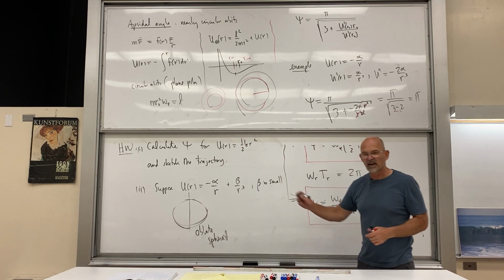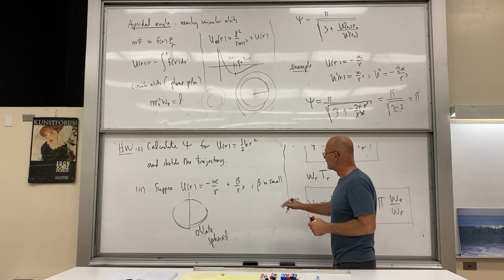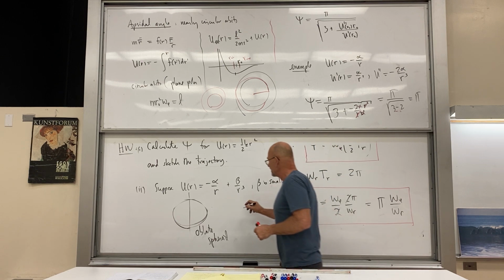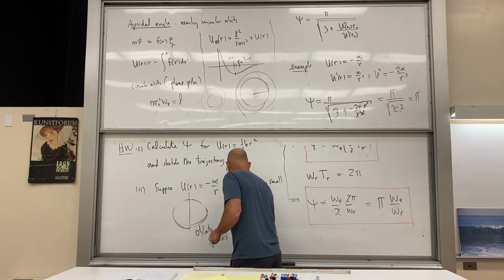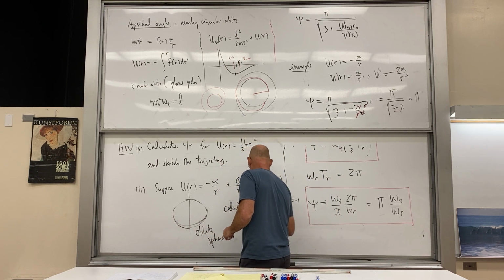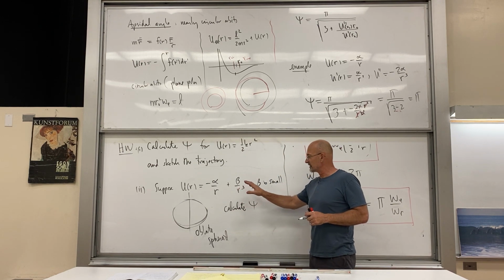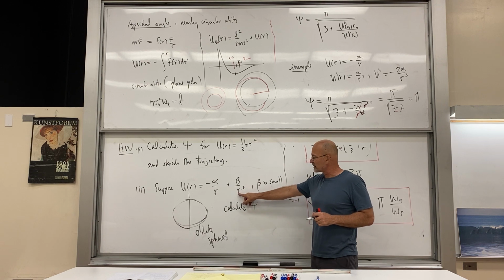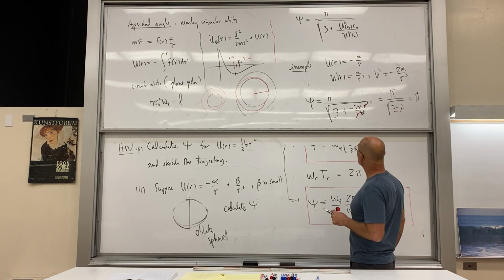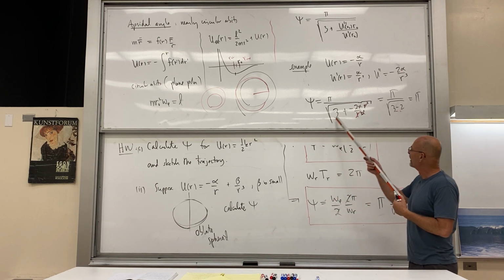This will be a good one to discuss in the office hours too. It's a good problem. So beta is small. Calculate C. Now, what you're going to find is you can't actually even figure out the exact r sub 0. It doesn't really matter. You calculate this thing here.